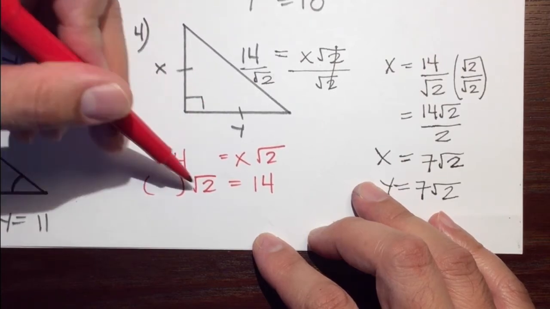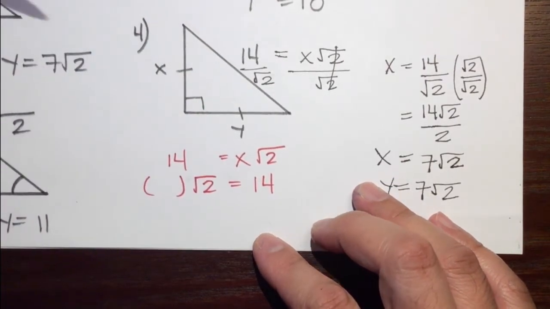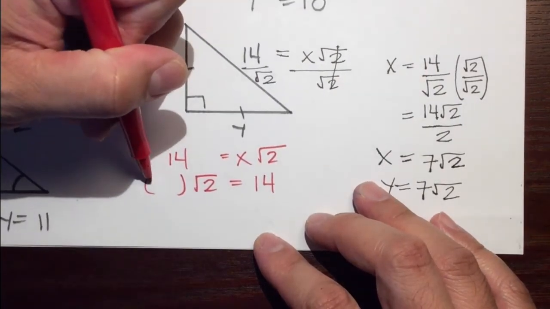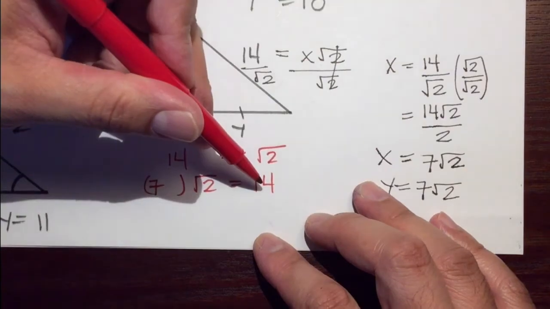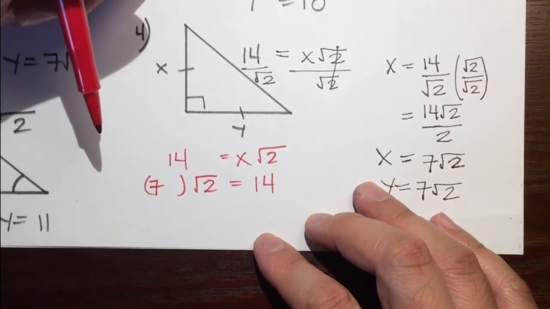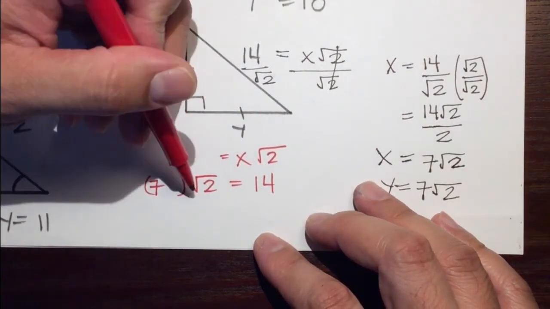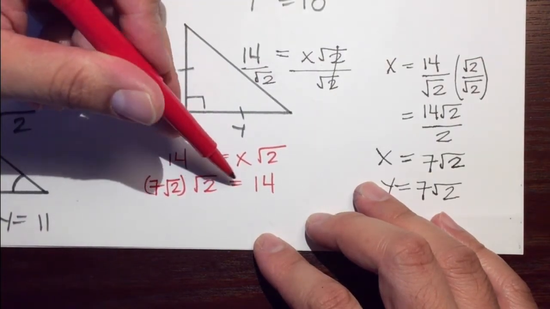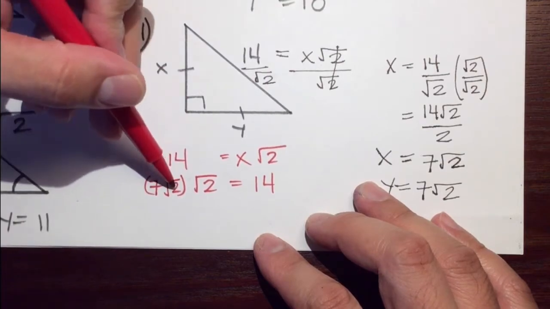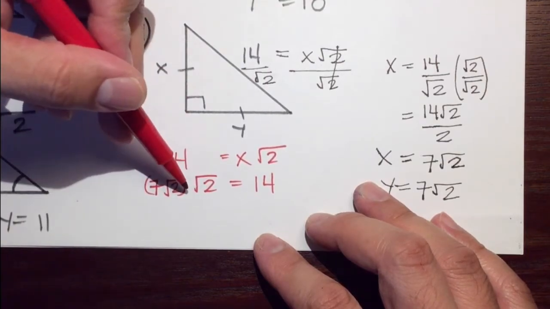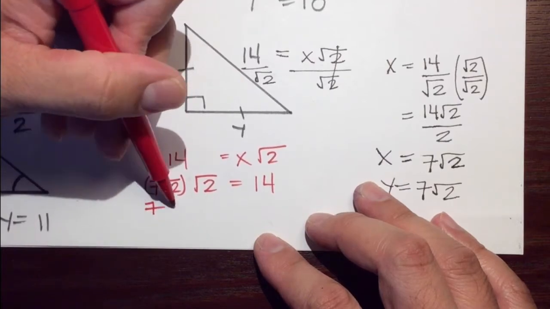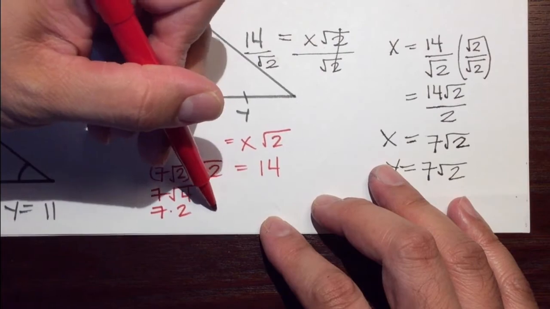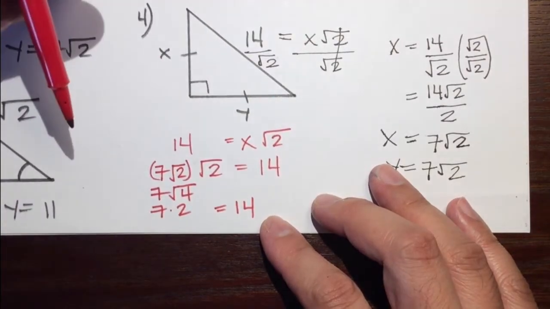So if I could figure out what times radical 2 is equal to 14. Well, 7 times radical 2 doesn't equal 14. That's just 7 radical 2. But what if I put 7 radical 2 times radical 2? Does that equal 14? Radical 2 times radical 2 is radical 4. Radical 4 is 2. Let's write that down. Which is 2, which is equal to 14.